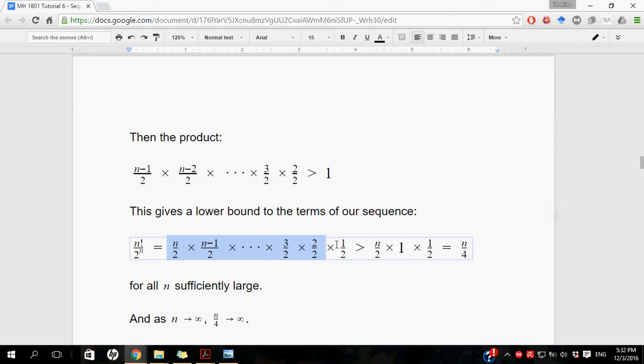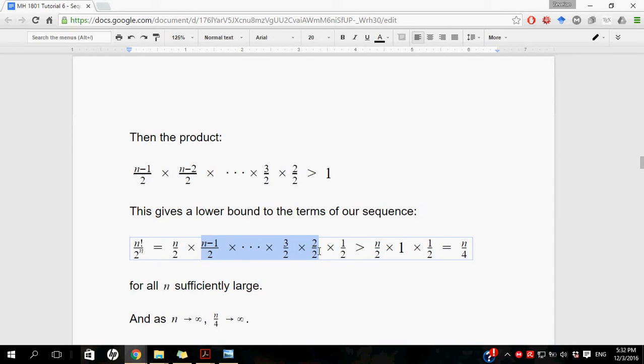Alright, so here is our factorization of the terms of our sequence, and we have already obtained a lower bound for this portion from n minus 1 over 2 to 3 over 2, or even up to 2 over 2. So this bit has a lower bound, and we produce it over here.